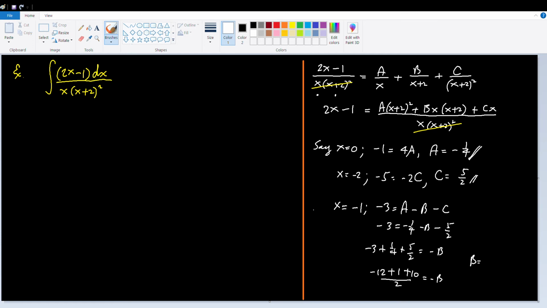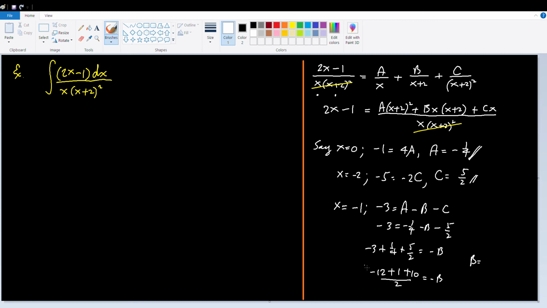X is negative 1, so negative 3, negative 1, a, that will be negative 1, b, negative c. A is negative 1/4, b, negative b, and c is negative 5 halves.